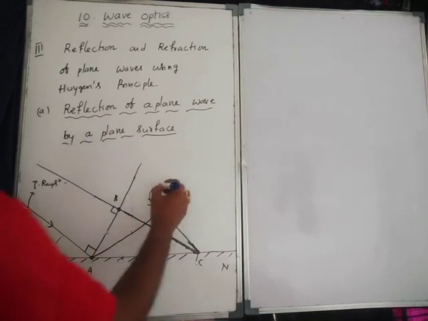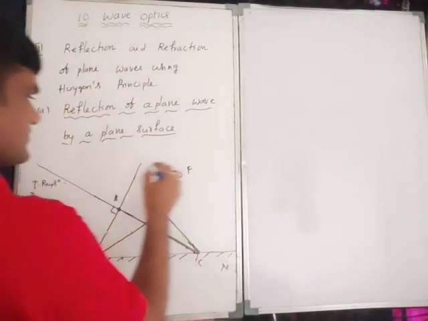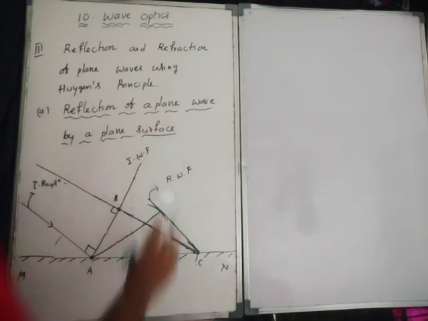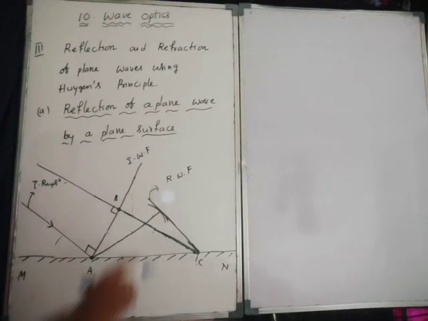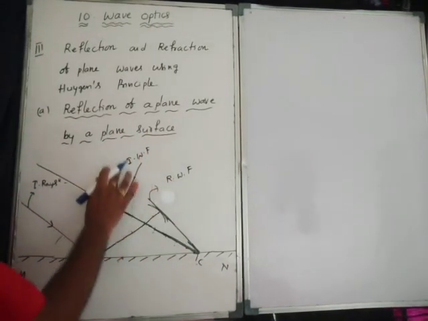We can call it the reflected wavefront. This is the incident wavefront, and this is the reflected wavefront.